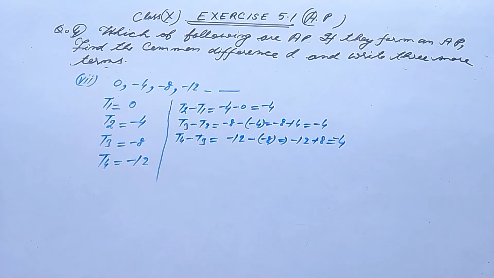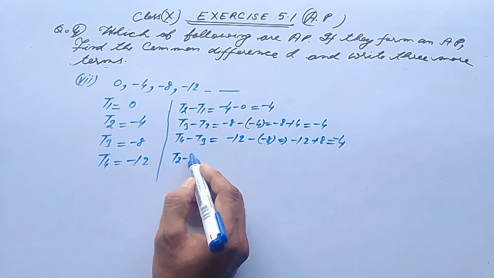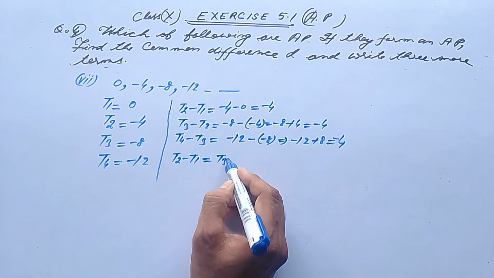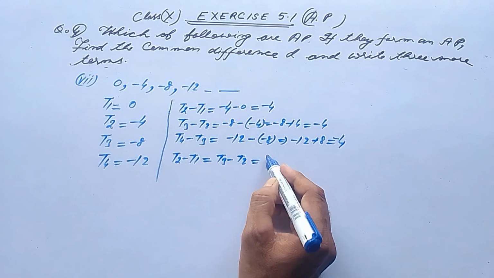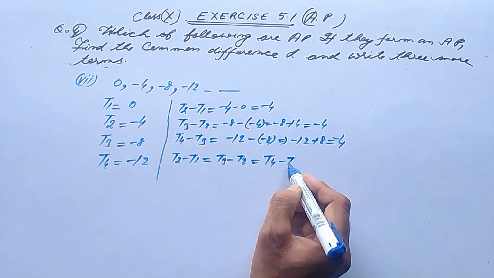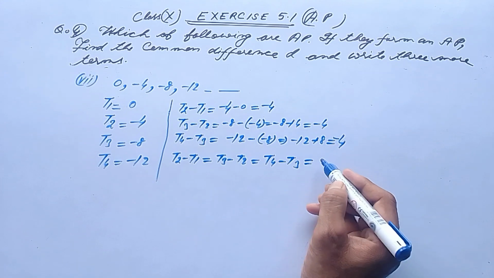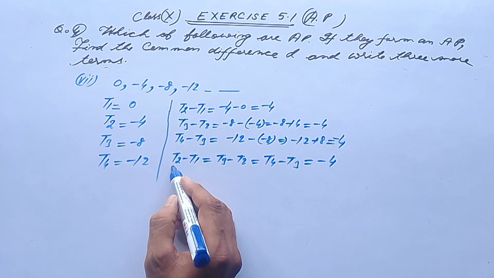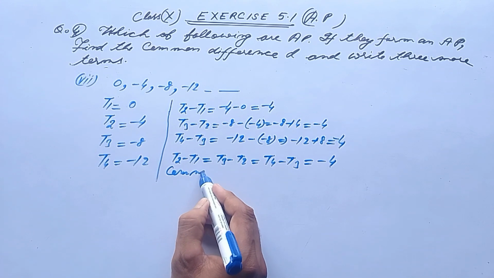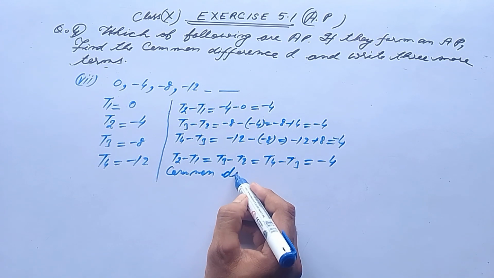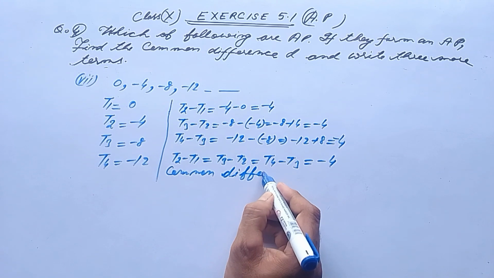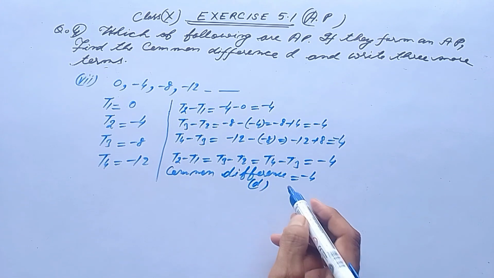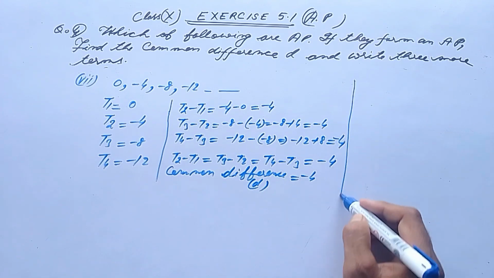Now T2 minus T1 equal to T3 minus T2 equal to T4 minus T3 equal to -4. Now common difference is -4 यानी कि D. Now we have to find the 5th term, 4 टर्म दे रखी है.